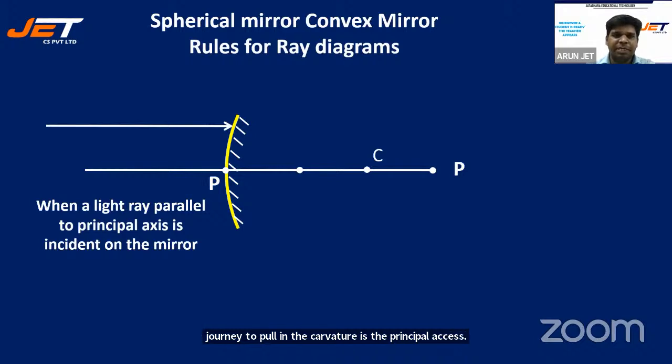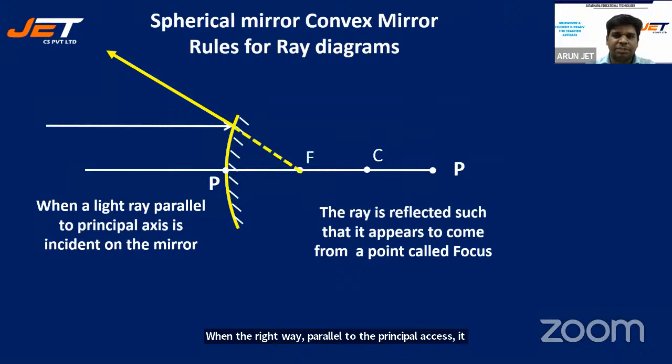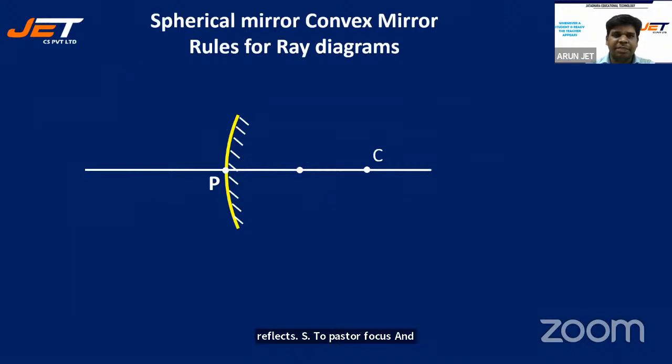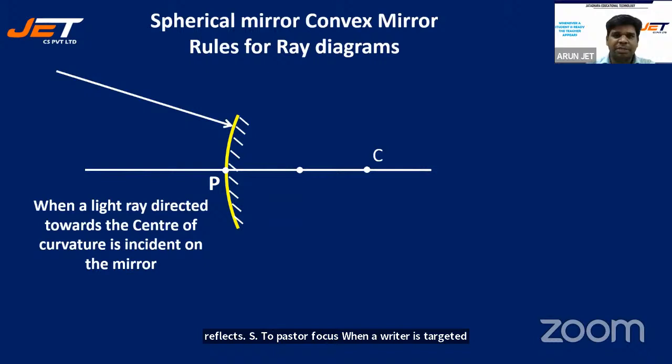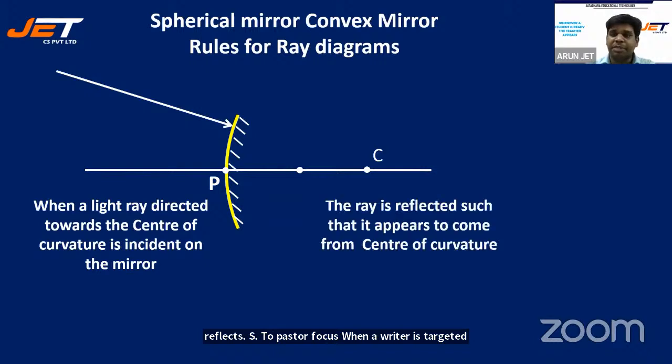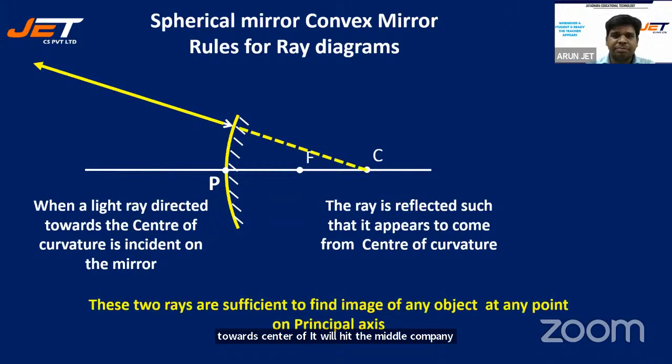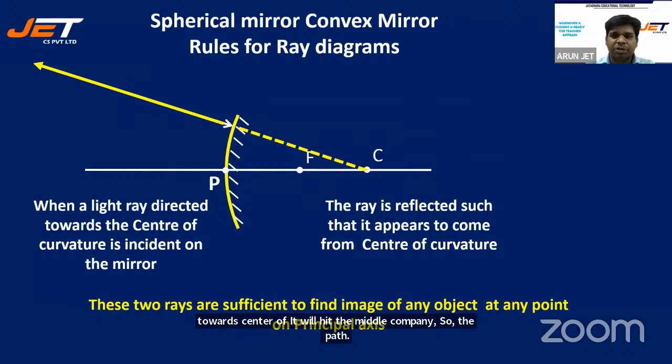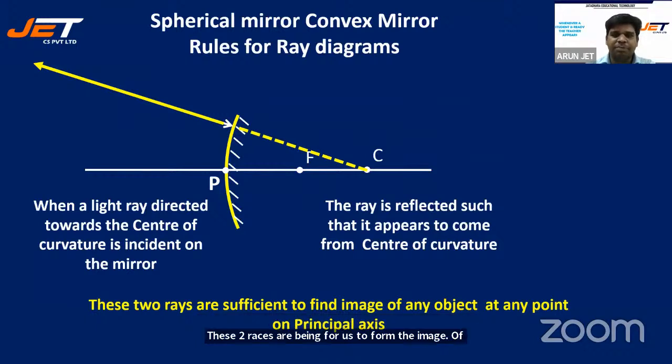When a ray parallel to the principal axis is incident, it reflects and appears to pass through the focus. When a ray is directed towards the center of curvature, it will hit the mirror perpendicularly and rebound perpendicularly, so it retraces the path. Now these two rays are sufficient for us to form the image of any object at a point on the principal axis. All right.